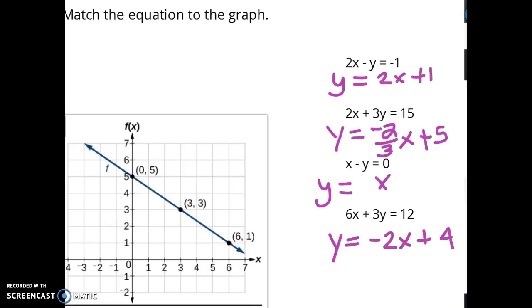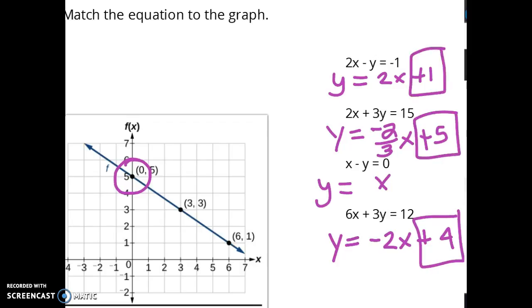Okay, this graph touches the y-axis at 5. So we're going to look at each intercept here to see which one says plus 5. Do you know which one that is? If you chose this answer, you would be correct. I don't even have to do anything else because all the other graphs don't even touch the line at positive 5. But for the sake of argument, I will show you what it looks like.